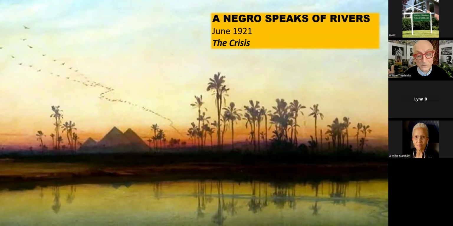And let's start with his first major poem, The Negro Speaks of Rivers. Well, it was written when he was 17 and first published, as I told you, in The Crisis in 1921 when he was 19. It's a poem that celebrates the connection to the Black diaspora throughout time and place.